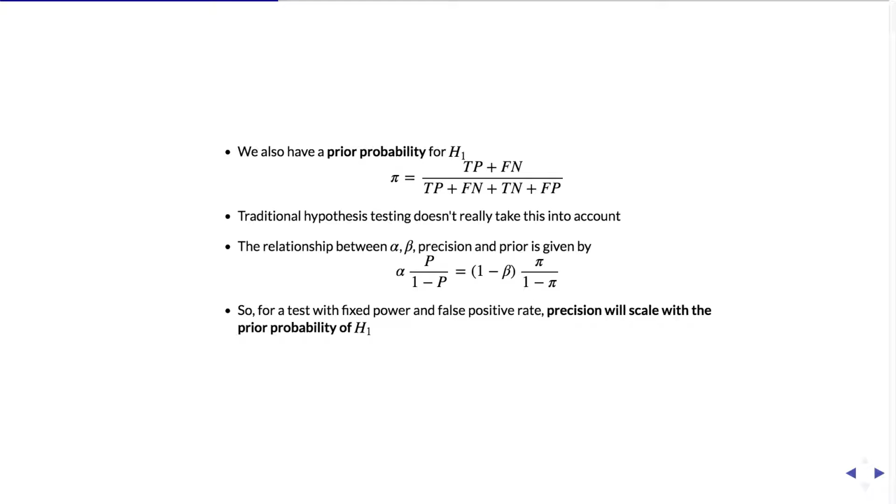Or in the stuff that we do, there's a relationship between precision, recall, false alarm rate, and the prior. That means that in this testing framework, if a test has fixed power and a fixed false positive rate, then as you change the prior, you change the precision of the test. This is when you hear people talk about p-values not really being representative. You'll have all these scientific studies where people say, well, it was statistically significant, and then they look at the empirical results. There was a good article in Nature about this stuff like 2 years ago or something, last year.